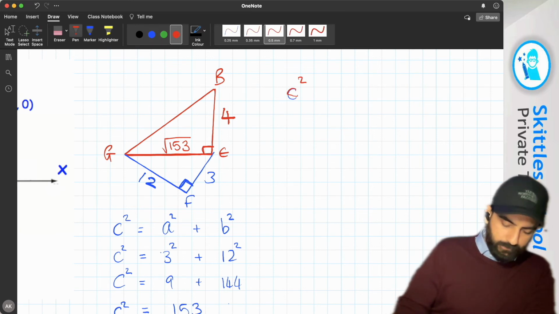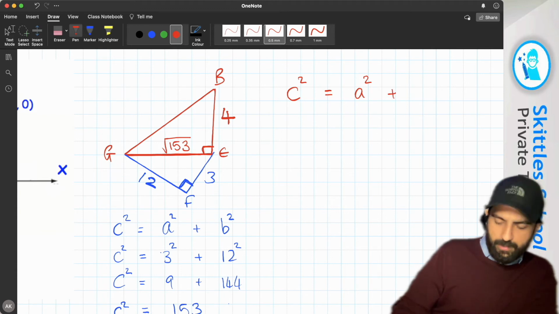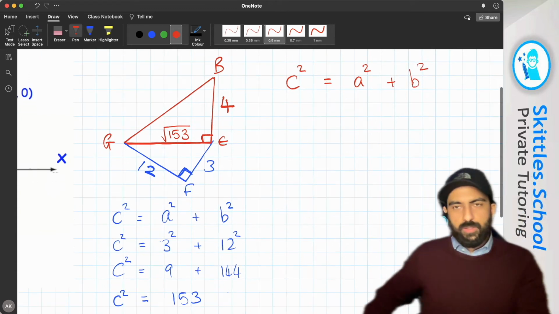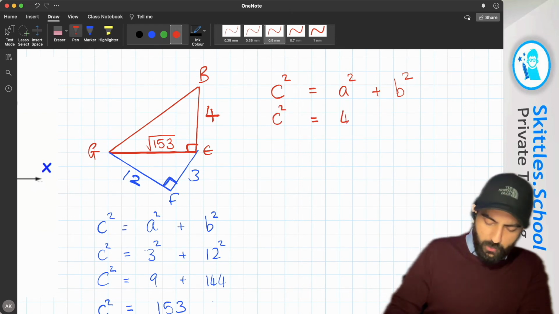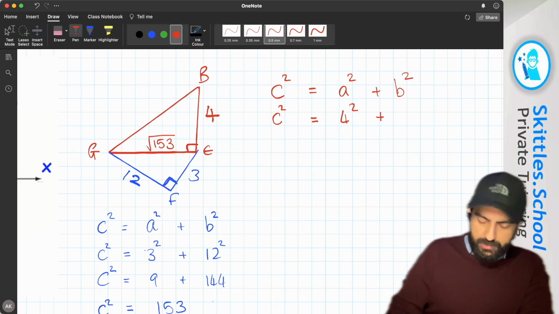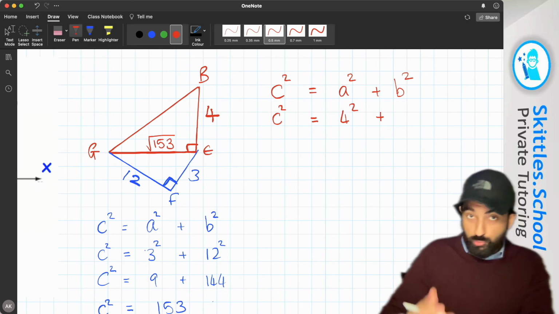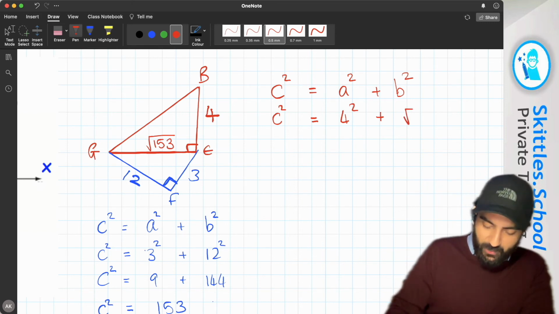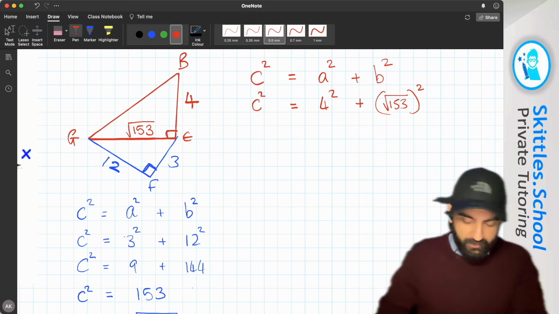C squared is equal to A squared plus B squared. Okay, so C squared is equal to A is 4, so 4 squared plus B squared, root 153 squared. So the square root of 153 squared. Okay, let's work this out.